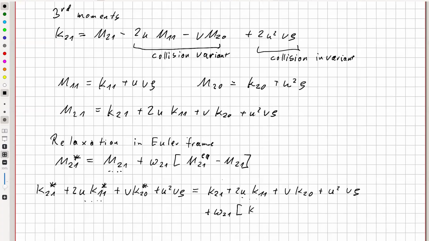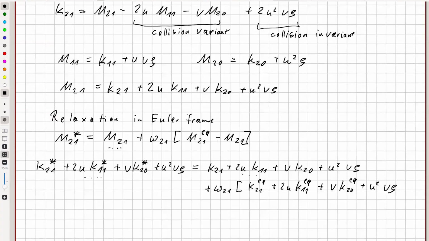We get K12 equilibrium plus 2U K11 equilibrium plus V K20 equilibrium plus U square V rho, and then the pre-collision state again, K21 minus 2U K11 minus V K20 minus U square V rho.